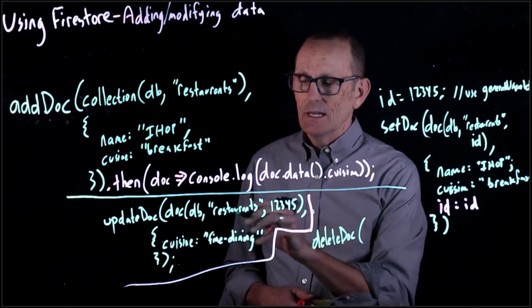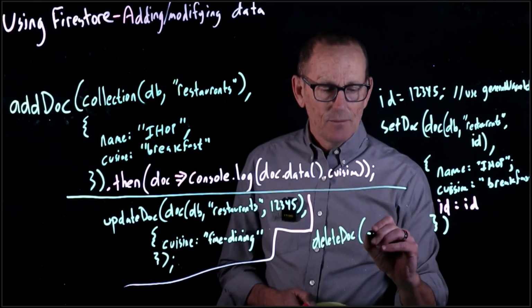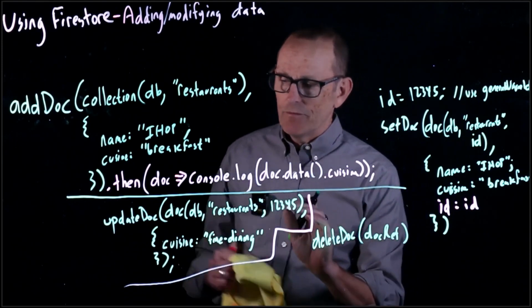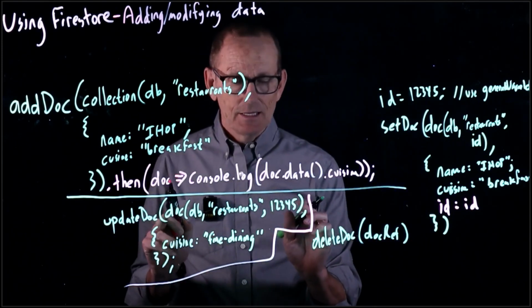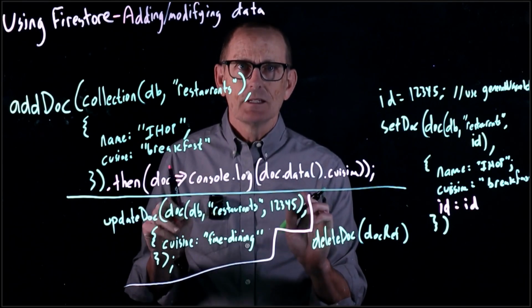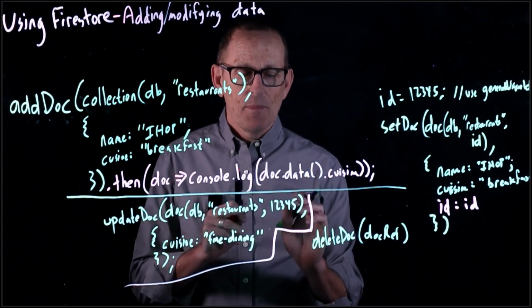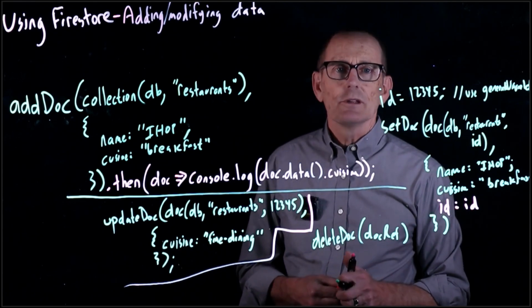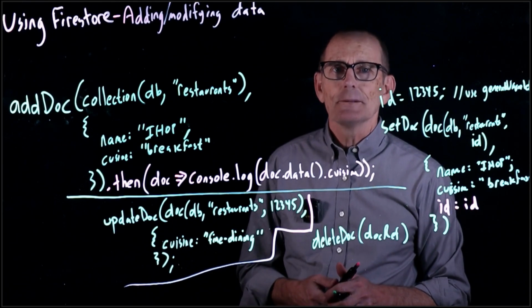And again, we'll pass in the document reference. I'm not going to repeat it. Just say here document reference. We can get the document reference just again by, let's say, doc of database, collection name, and then the document's ID. That gives us everything we really need to know about adding, modifying, deleting individual documents.